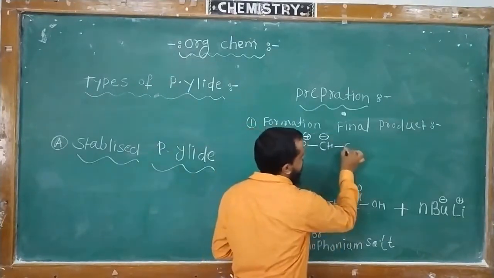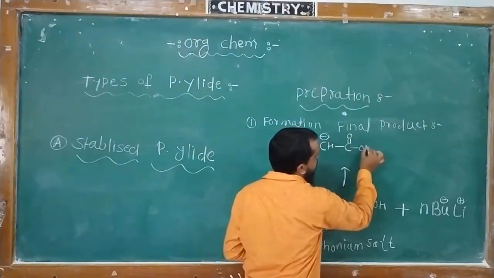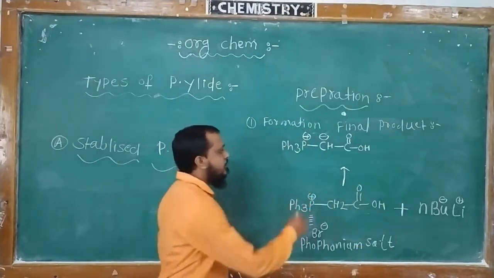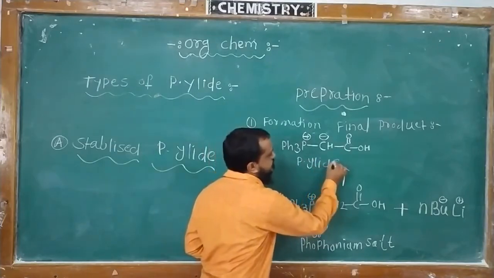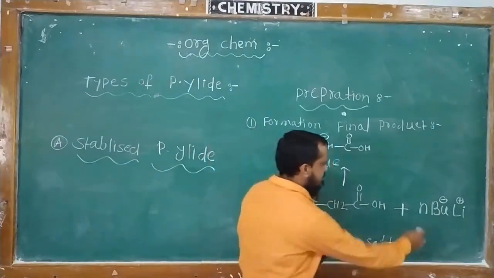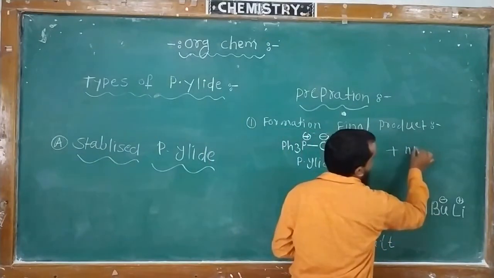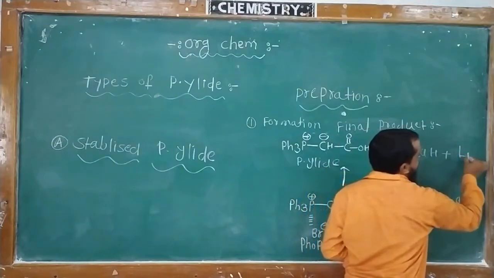Single bond C, double bond O, OH. This is the final product, phosphorus ylide, and the byproduct is n-butane and lithium bromide.